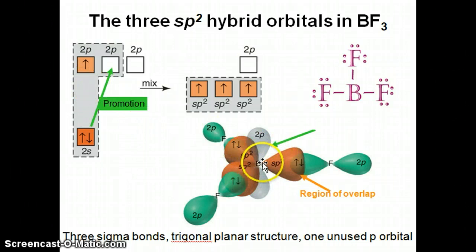So then what you do is you illustrate boron, which is shown in the middle here with the brownish color orbitals, which are the sp2 orbitals. And again, you can rationalize why this would be 120 degrees, and it's a little complicated maybe to see it just from shapes, but remember that basically what we're doing here is we're adding two p orbitals which are 90 degrees from each other, and then you have the s orbital.